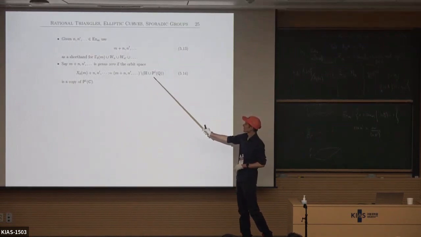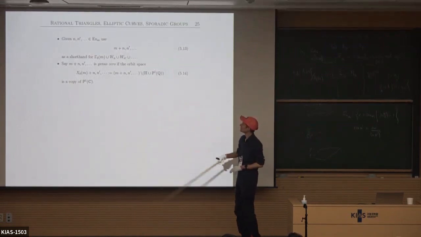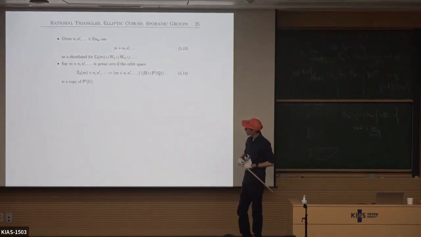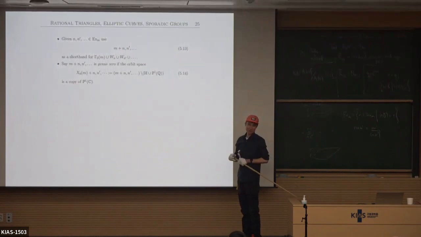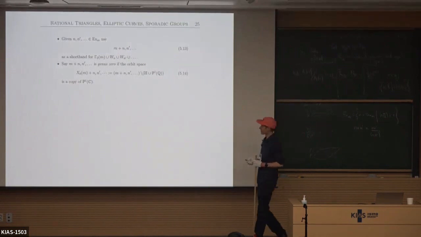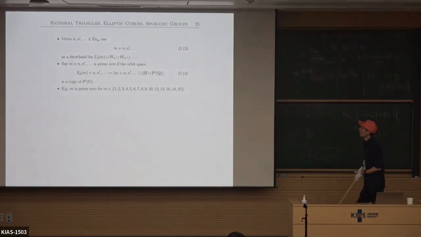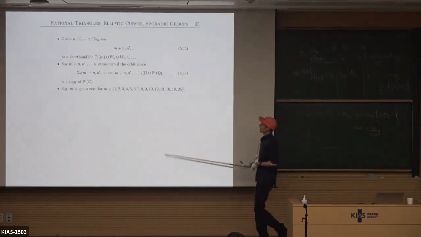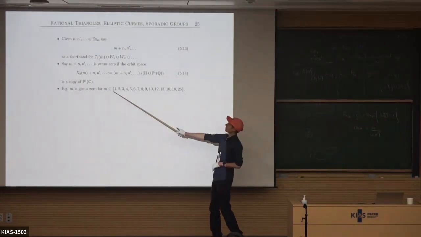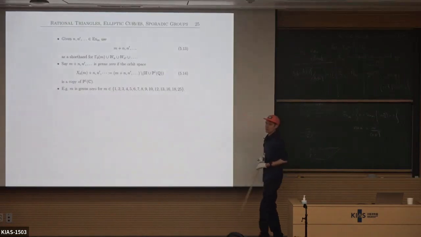That's naturally a Riemann surface once I compactify it, a Riemann surface without boundary, and it has a genus. Let's say it's genus 0 if the genus is 0. So for example, gamma naught M is genus 0 for exactly these values of M.